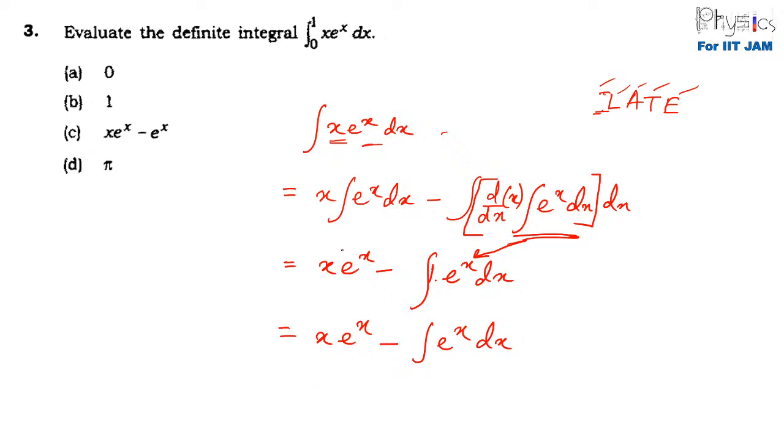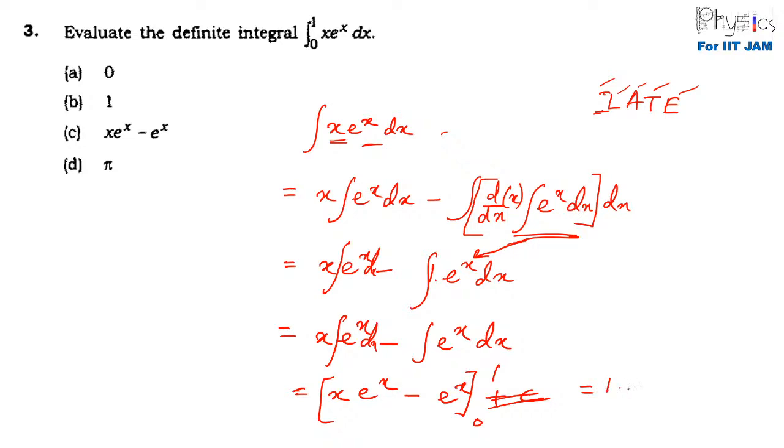Let us not integrate with the constant here, because the constant term will come. So x e to the power x minus e to the power x plus c, right?